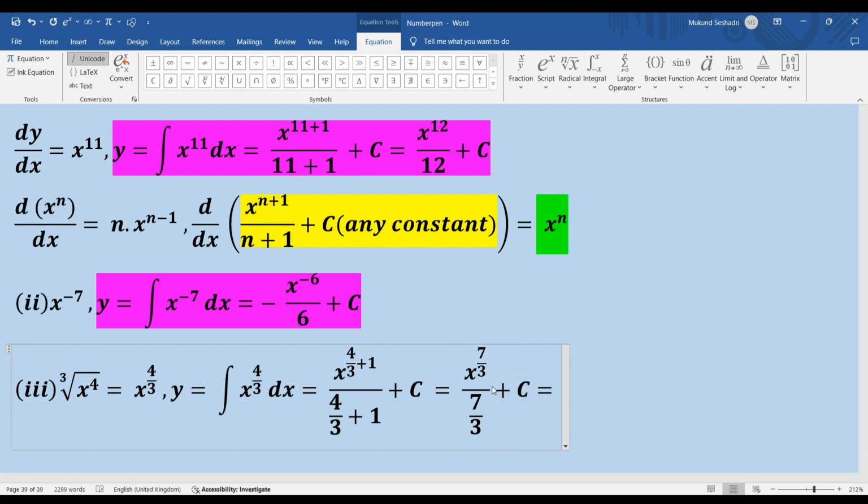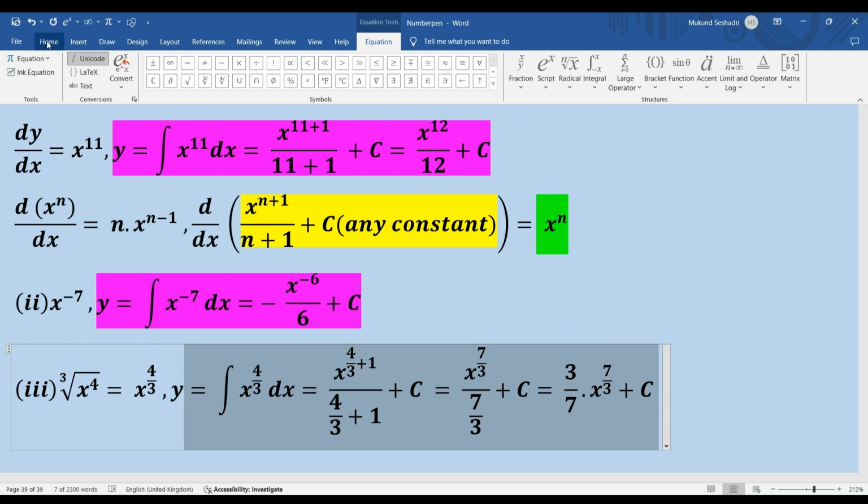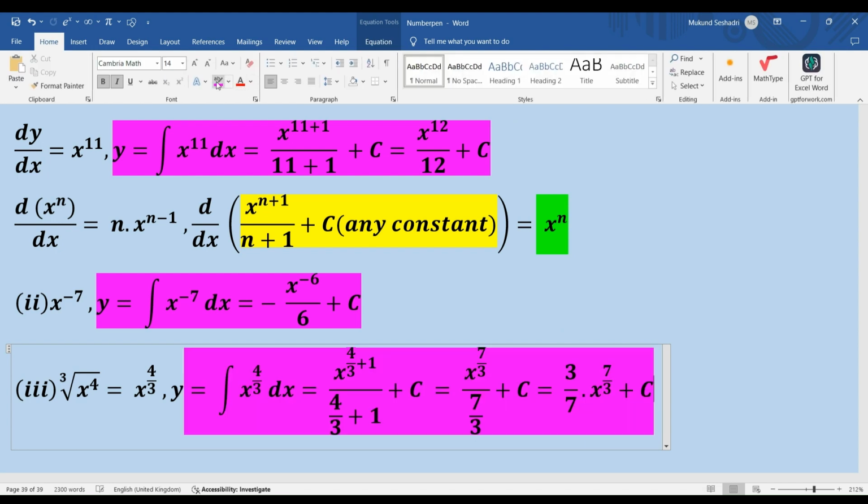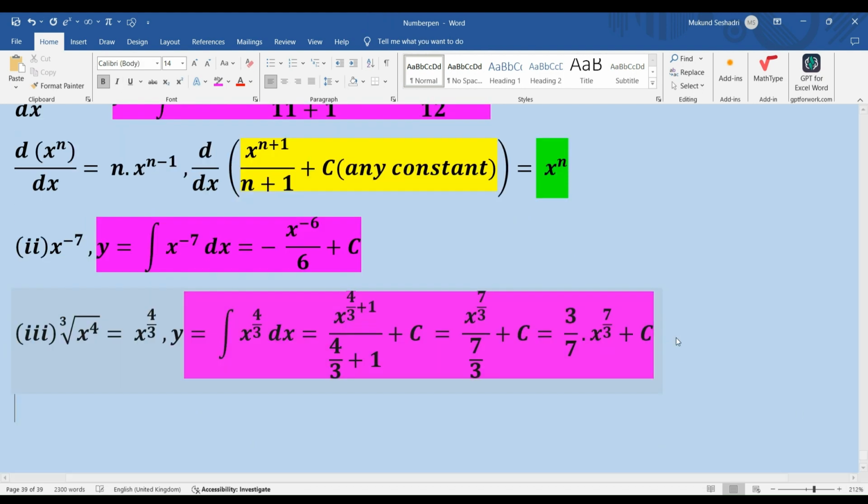I can rewrite it as 3 by 7 times x to the power 7 by 3 plus c, right? So that's the answer for this particular problem. Again, just reminding you to do a quick differentiation of these problems to ensure that your final answer is right. And it's definitely possible whenever you have simple problems such as these, right?